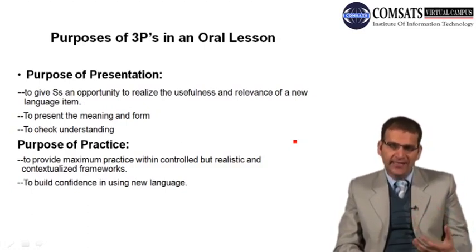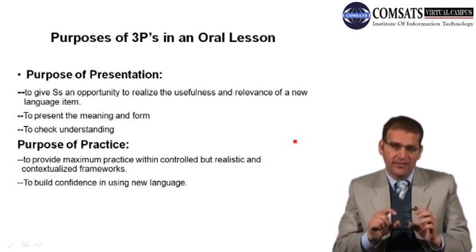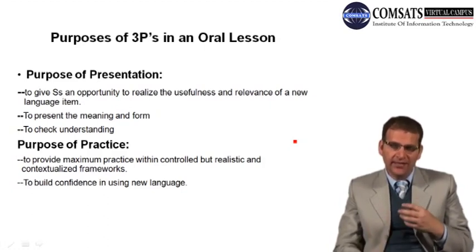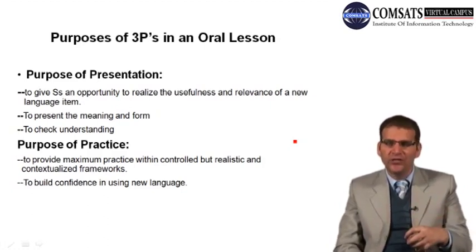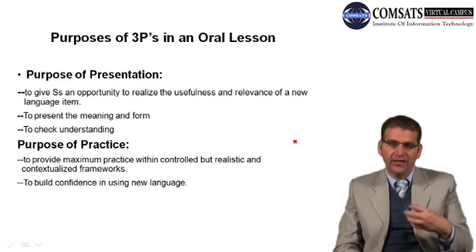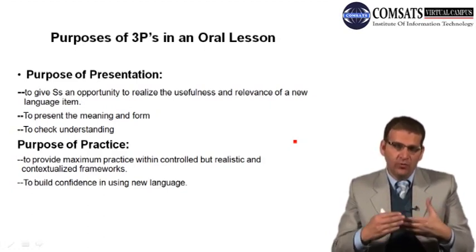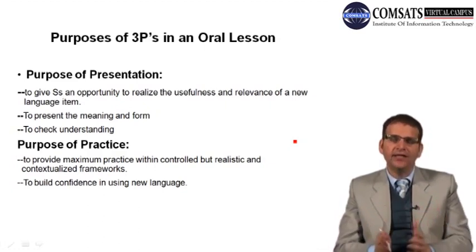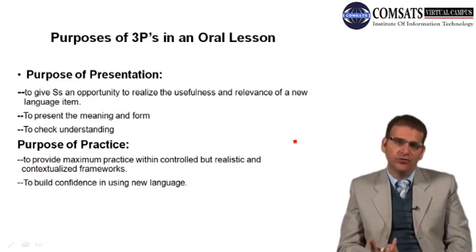And then realistic, of course, it should not be away from their mind; whatever it is, it's very much possible, right? And the third thing is contextualized, create that situation, fine. If it is a role play between a hotel manager and a customer, create that situation, so that in that context they can do it.